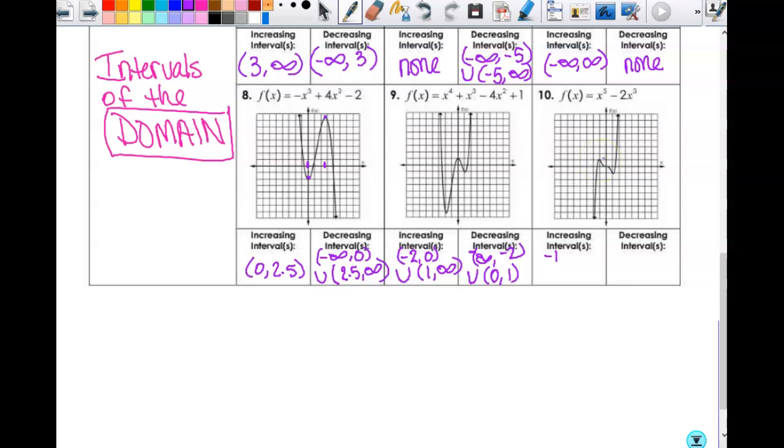So always start with I'm starting right. It's going infinity to increasing.